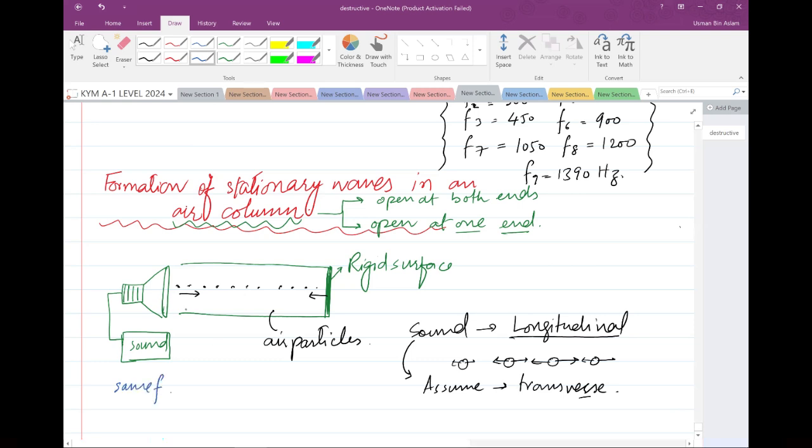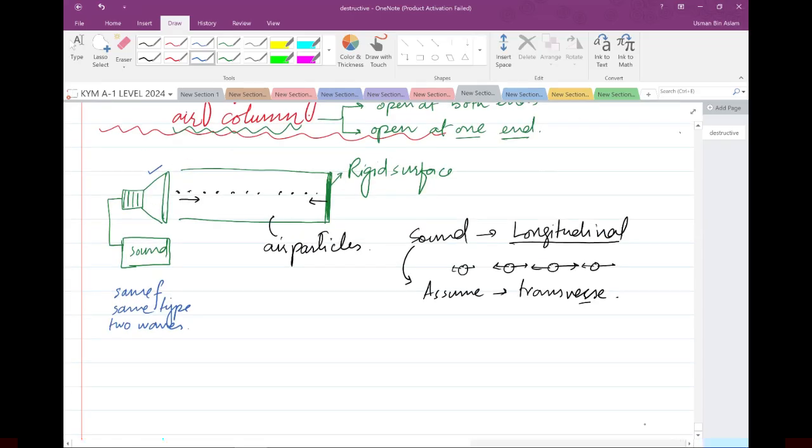Why? Because they both come from the same sound source. Same frequency, same type, two waves. So this situation checks all the necessary boxes, same space.